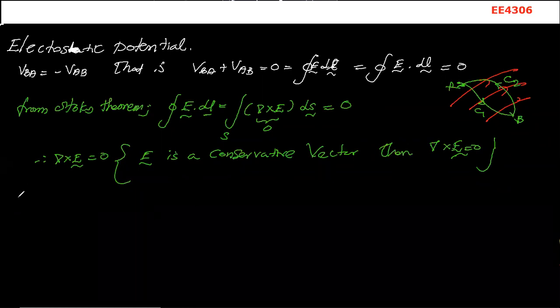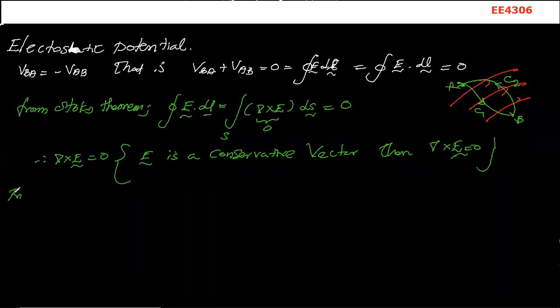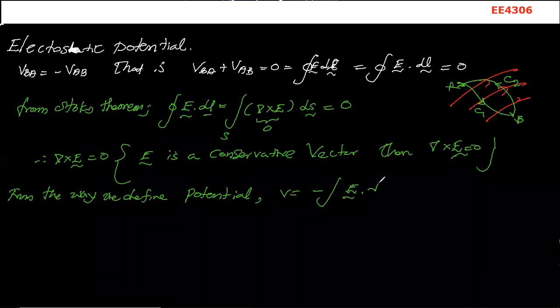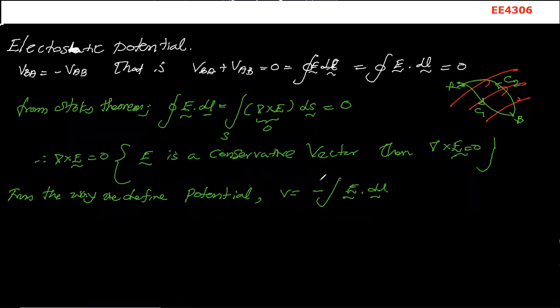So we define the potential from the way we define potential: V equals minus the integral of E into dl. This is the definition of how to compute the potential difference, or the potential at a point with respect to the point which is selected away at infinity.